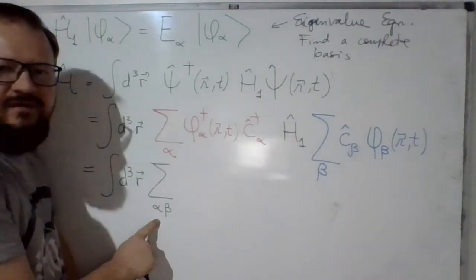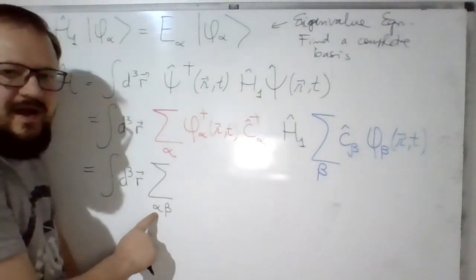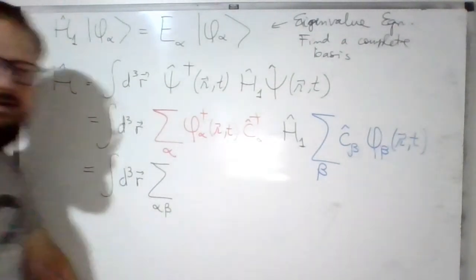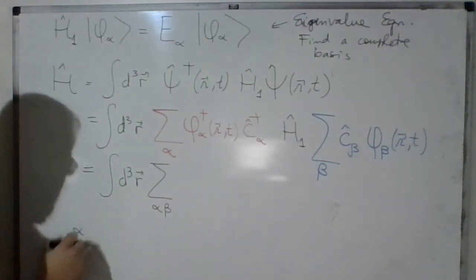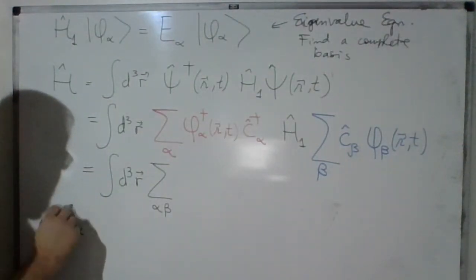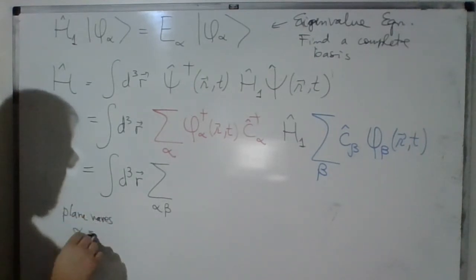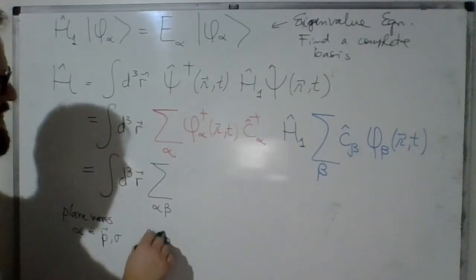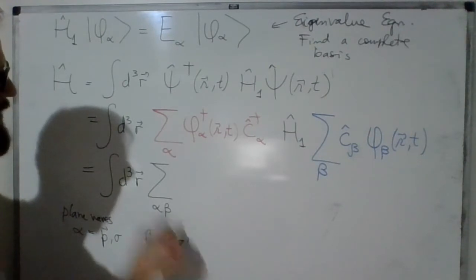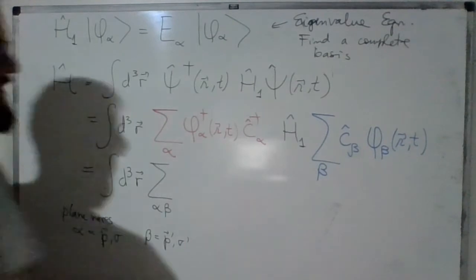For instance, if you are using plane waves, you need to specify the momentum and spin. So alpha, in the particular case of plane waves, is momentum and spin, and for the betas you need to use p primed and sigma primed.